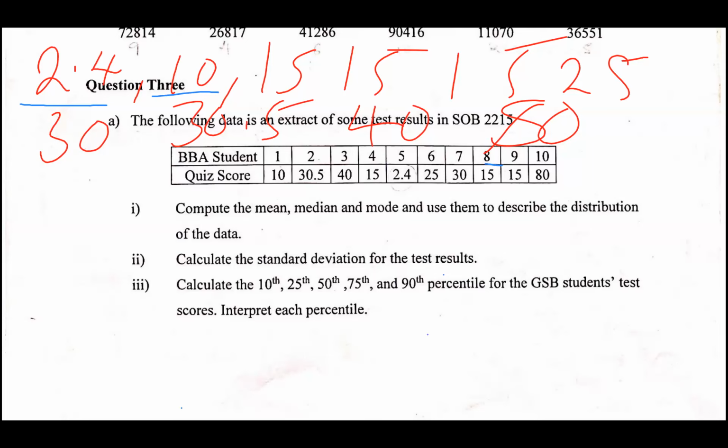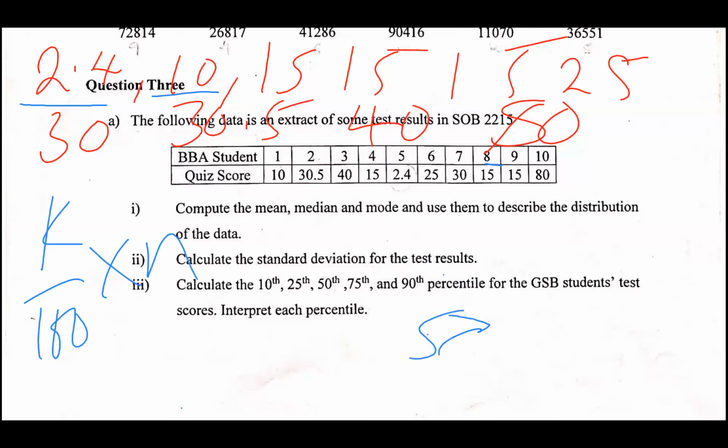Let's say this number is k: the number of the percentile divided by 100 times n. So 50 over 100 times 10. Our n is 10.